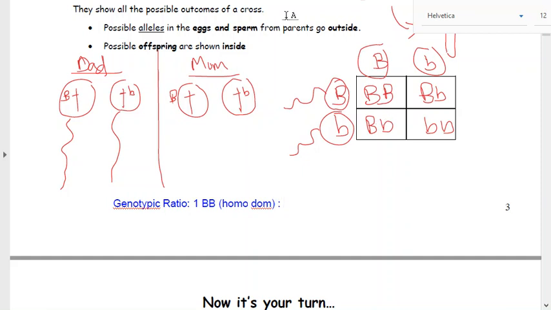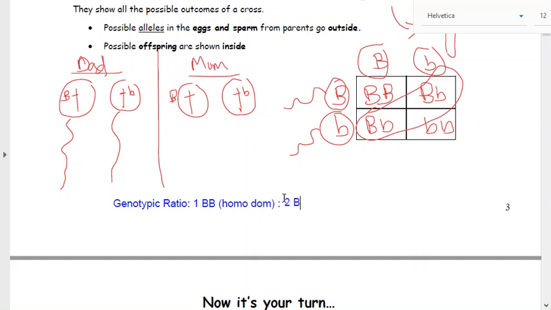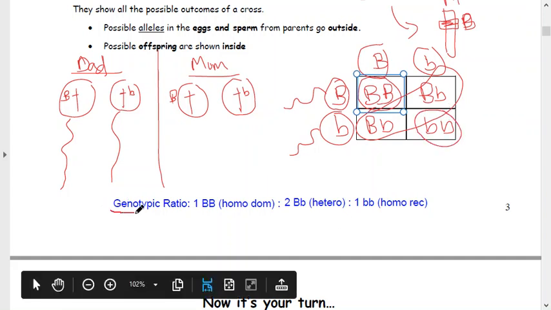There are 2 right here. These 2 are heterozygous. We'd say 2, and we'd say heterozygous. And we'd say there's 1. So 1 homozygous dominant, 2 heterozygous, and 1 homozygous recessive. So this is the genotypic ratio.